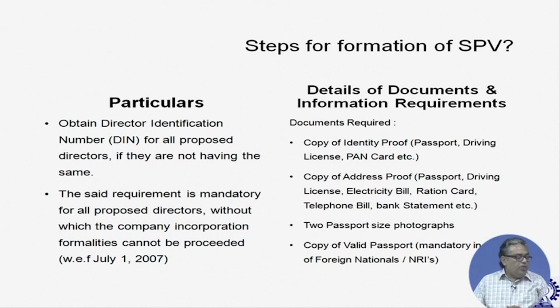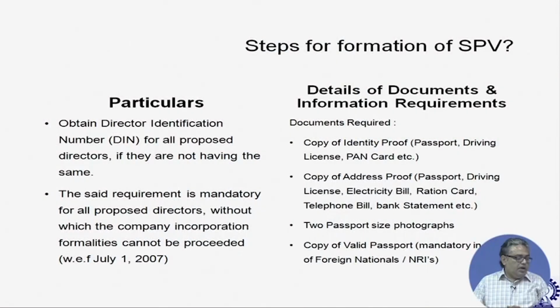Now, you need to obtain the DIN, that is the next step, and the full form of DIN is director identification number. Director identification number is required for everyone who wants to promote the company, because at the end of the day you have to propose the names of directors, and whoever's name you propose as a director should have a director identification number.